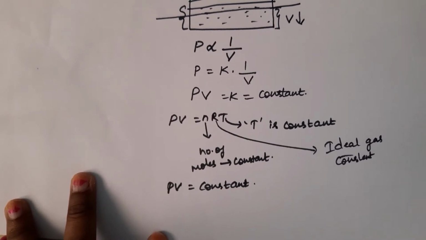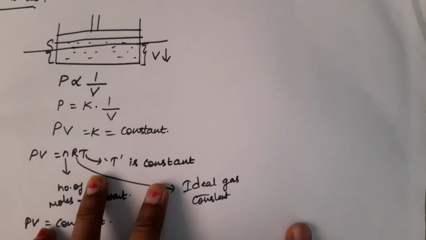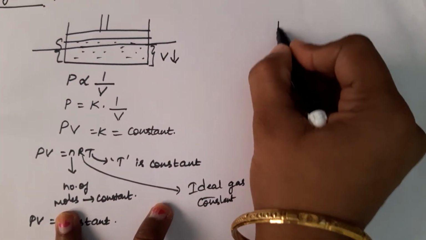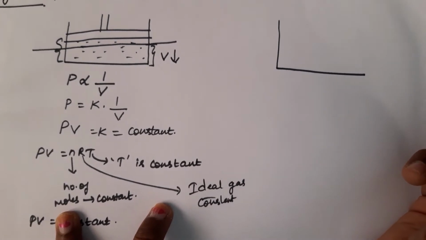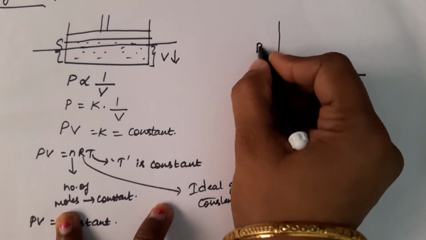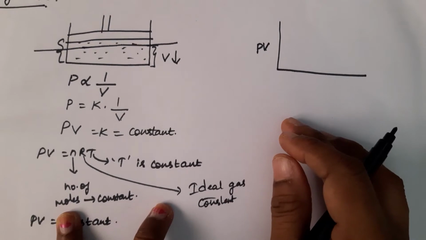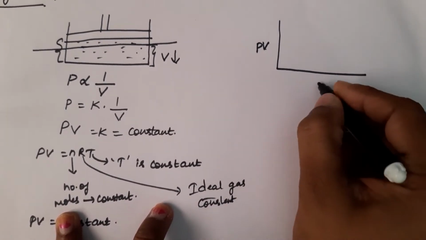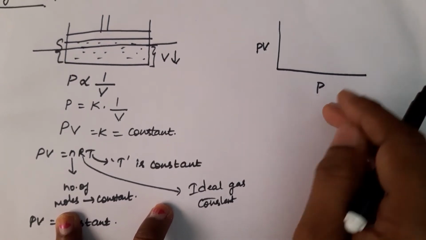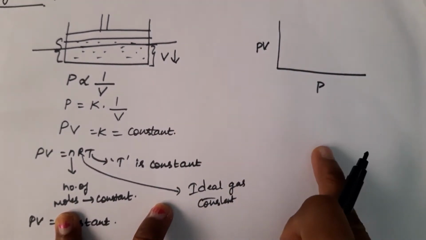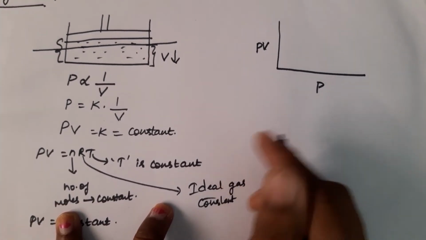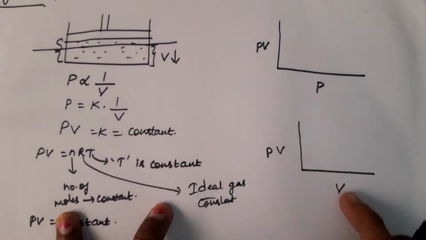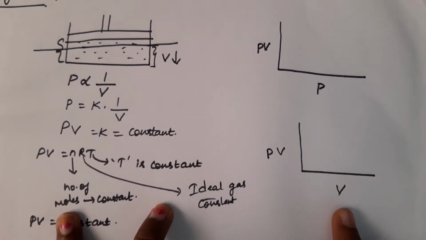Here I will draw one graph. For example, I am taking the product of pressure and volume, PV, on the y-axis, and if you take P on the x-axis, either pressure or volume, then what is the graph obtained here?